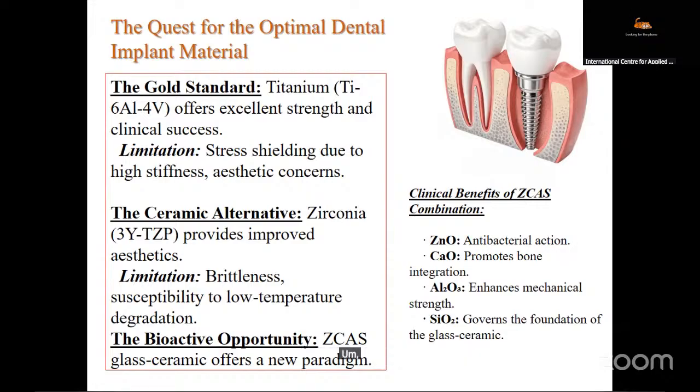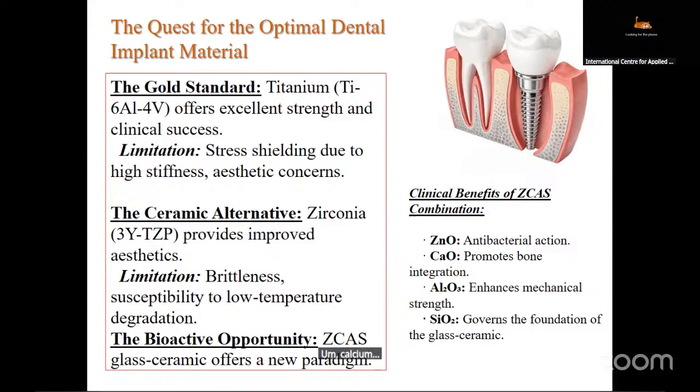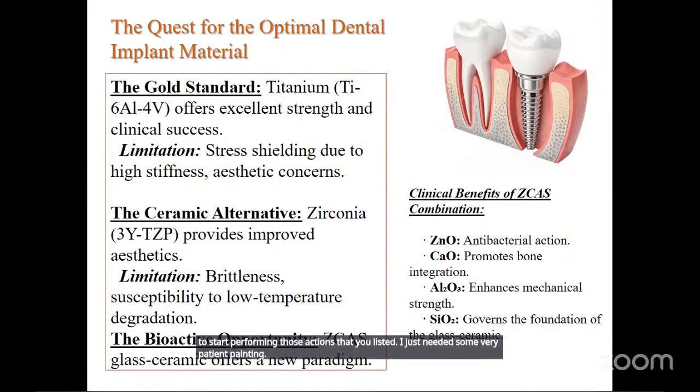When you say antibacterial action, does it mean that certain components of that zinc, calcium material decompose or disintegrate to start performing that action? If it's a glass ceramic, as you stated in your topic, does it mean that certain components of that material decompose to start performing those actions that you listed? I just needed some verification. Thank you.